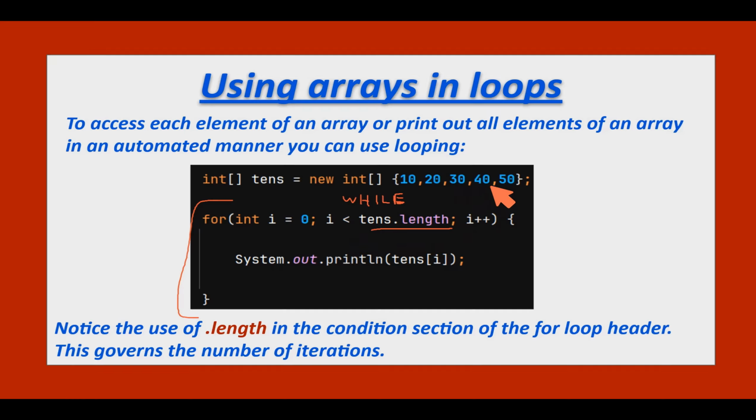We have 5 items, so our condition should be while i is less than 5. Because tens.length in this case is going to resolve to 5. So you can almost say while i is less than 5.